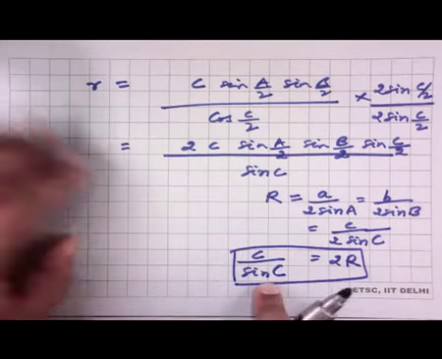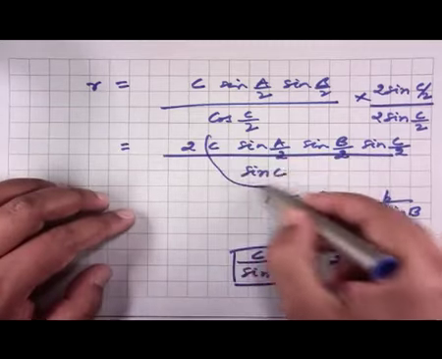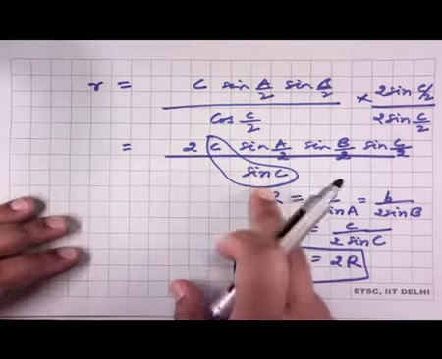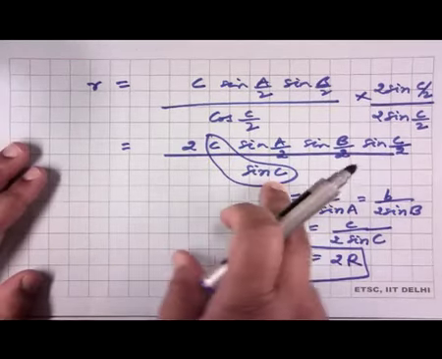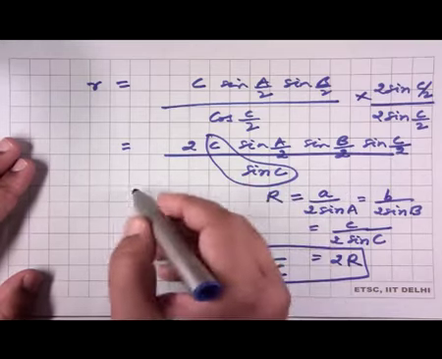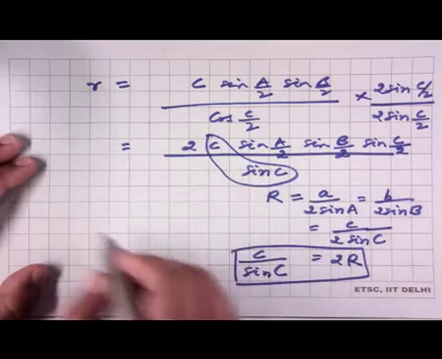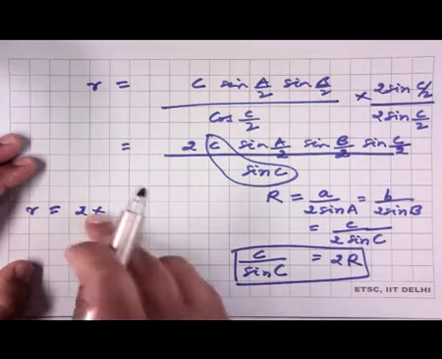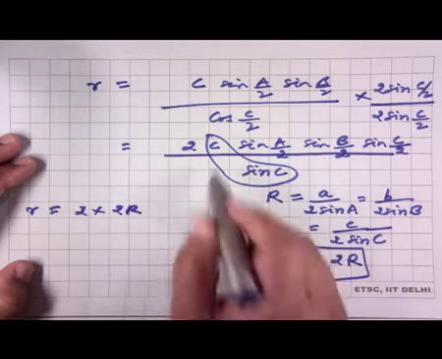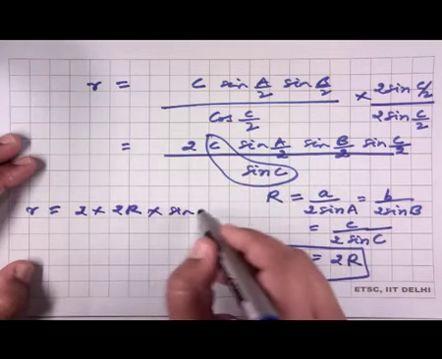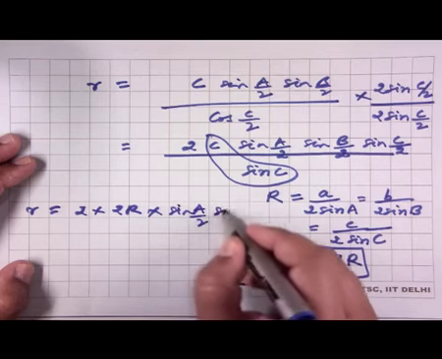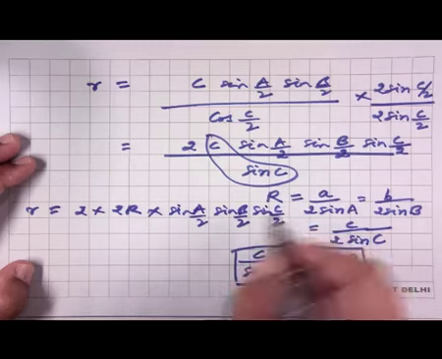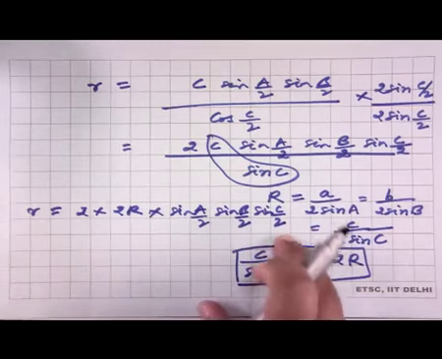So, we use this identity here. So, this becomes 2r, and then we finally get r to be equal to 2 times 2r times, and this is what we wanted to show.